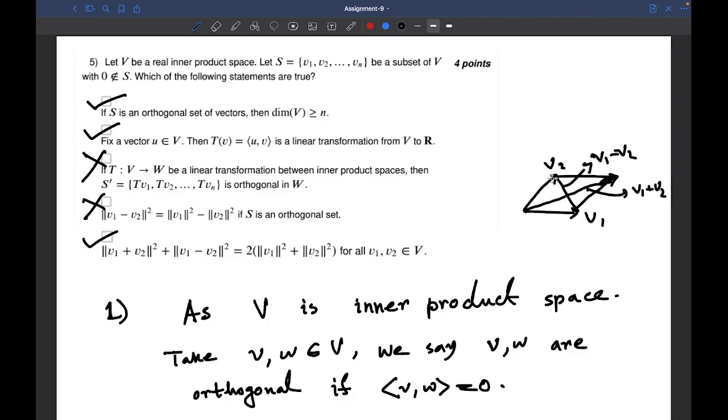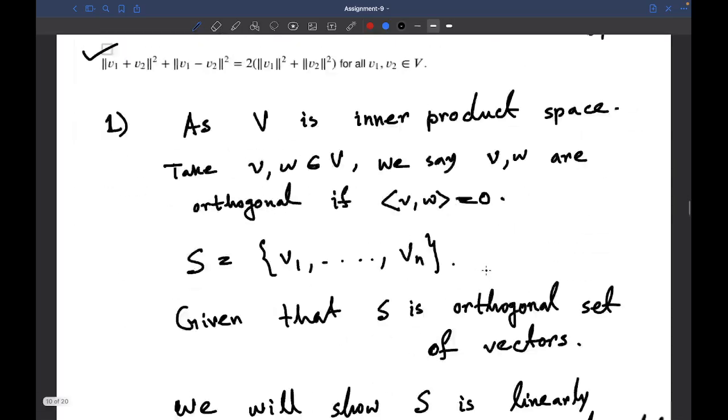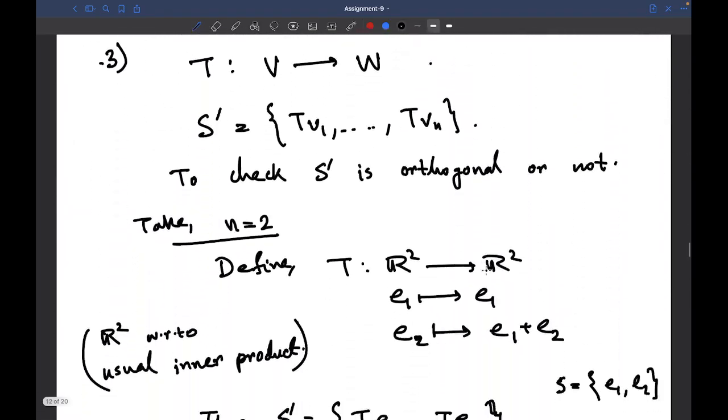What it is saying is that the sum of the squares of the lengths of the two diagonals is the same as 2 times the sum of the squares of the sides. So this is called the parallelogram identity in an inner product space. Right. So this finishes question number 5. Let's move to question number 6.